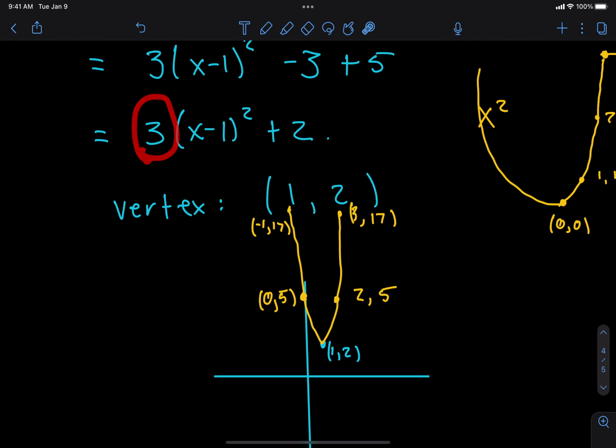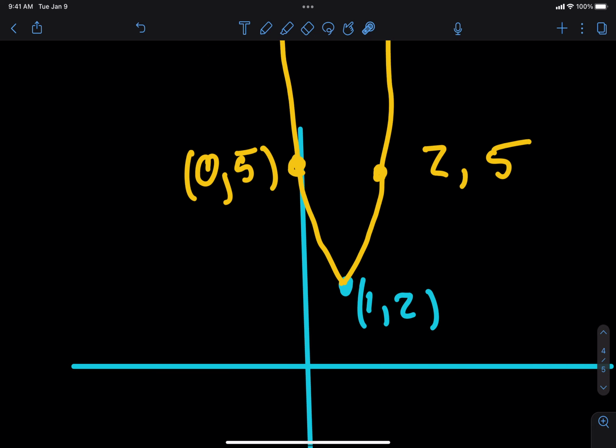I had the stretching and move it to the right 1 and up 2. If I just had 3x squared, it would start here, we'd go over 1, up 3, right? But in this case, our vertex is here, so we're going to go over 1 and up 3 in the same way that we would normally do it on the graph of 3x squared, but I have to move it up and over a little bit. So does that answer your question?